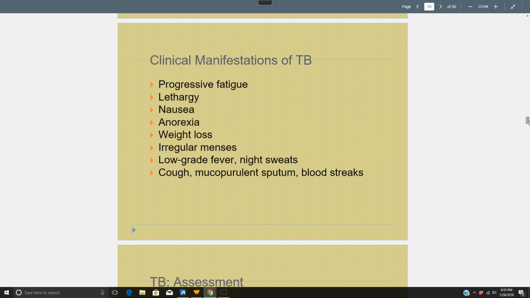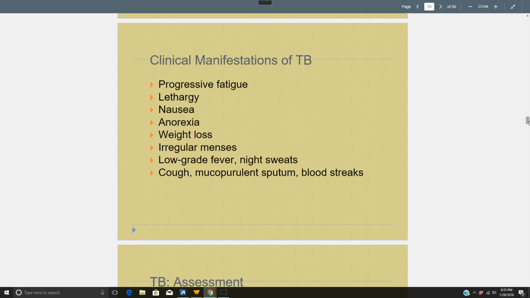Okay. Once a person's skin test is positive for TB, a chest X-ray is used to detect active TB or old healed lesions.